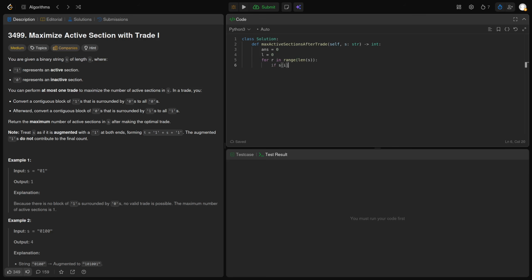If s[i] is 0, then, else ans is max of ans. Okay, so this should be the answer, and no, we are just counting ones, so ans is equal to s.count(1) plus s.count(1) plus 1.